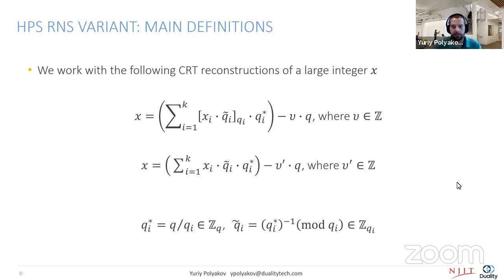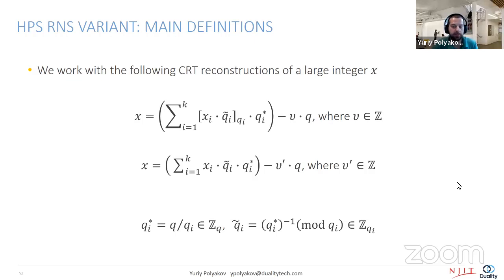The only challenging part is that when we do not apply mod q to this expression, we have a certain number of overflows of q when we compute the sum. And this number of overflows is represented using this nu or nu prime, depending on the formulation of the CRT reconstruction. And that nu is somewhat of a challenge when we talk about some RNS procedures.